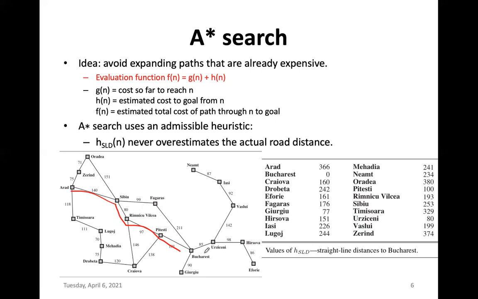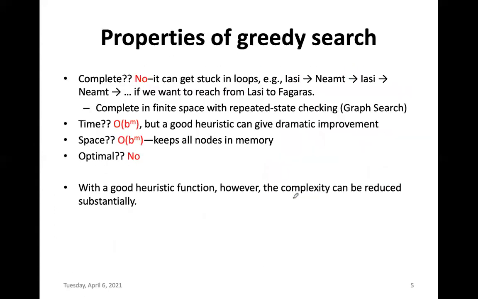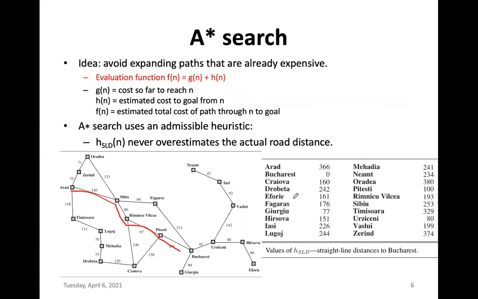And for this reason, in informed searches or heuristic searches, we come up with the idea of a heuristic function. In greedy best first search, we have seen a heuristic function that is hSLD. Now in A star search, we are going to see another function, which we can also call an evaluation function.